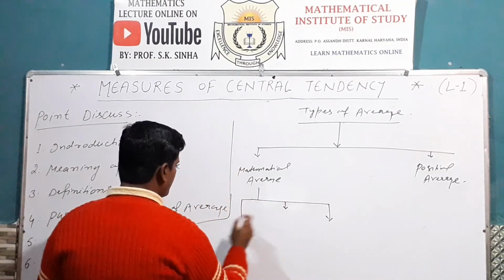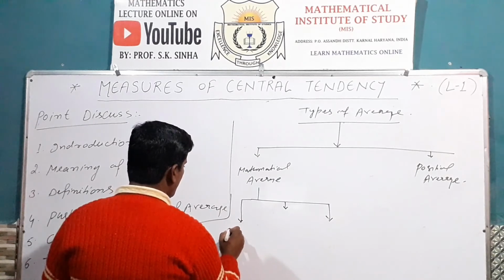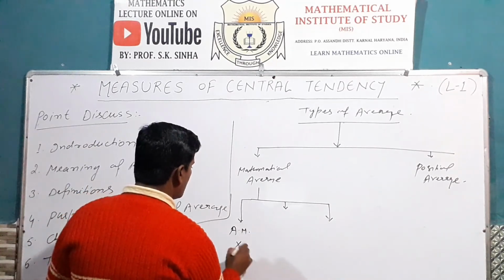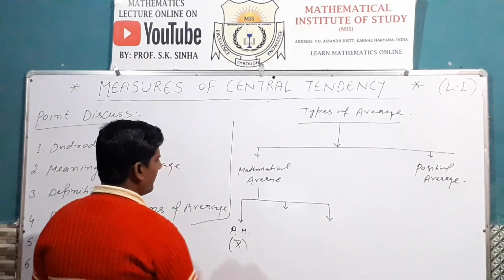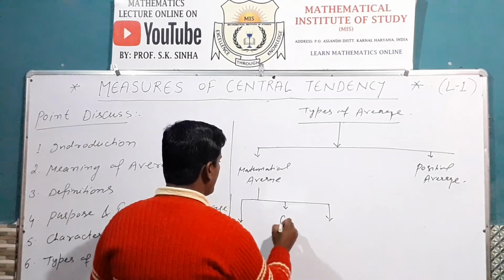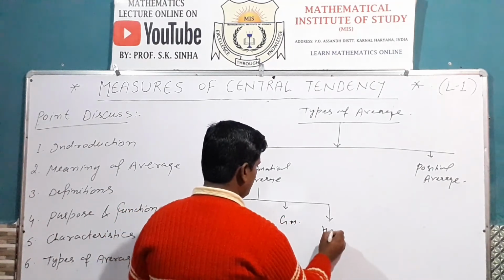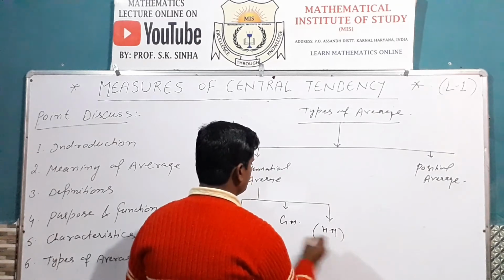Number one, arithmetic mean, denoted by AM or X bar. Number two, geometric mean, GM. And number three, harmonic mean.